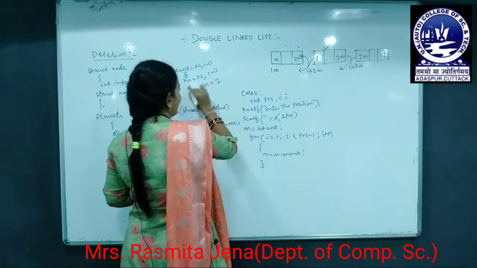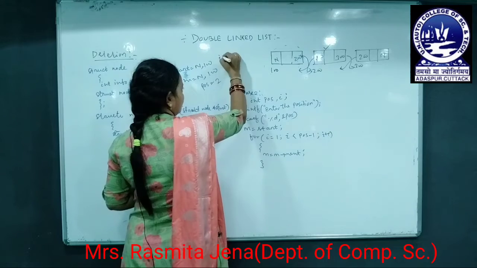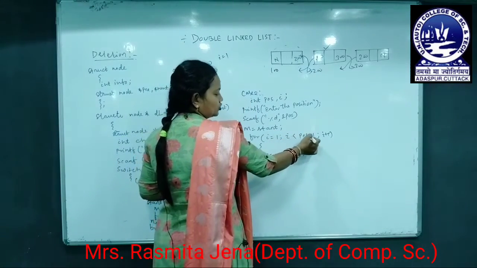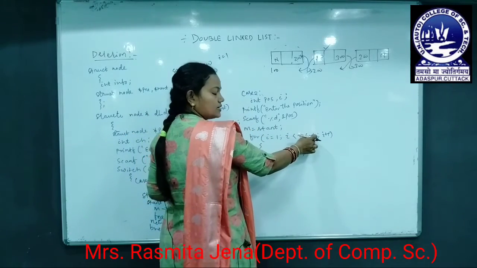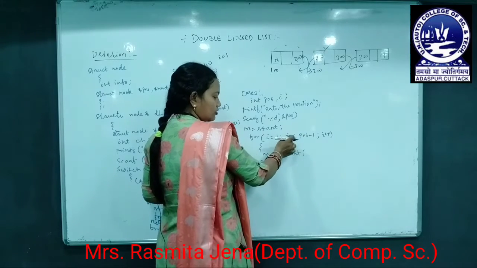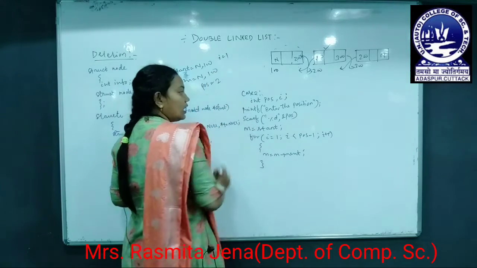So m equals 100, position equals 2, i equals 1. So i less than position minus 1, position is 2, so position minus 1 is 1. So this condition is false, and when this condition is false, I will exit from the loop, and when I exit from the loop, m is 100.